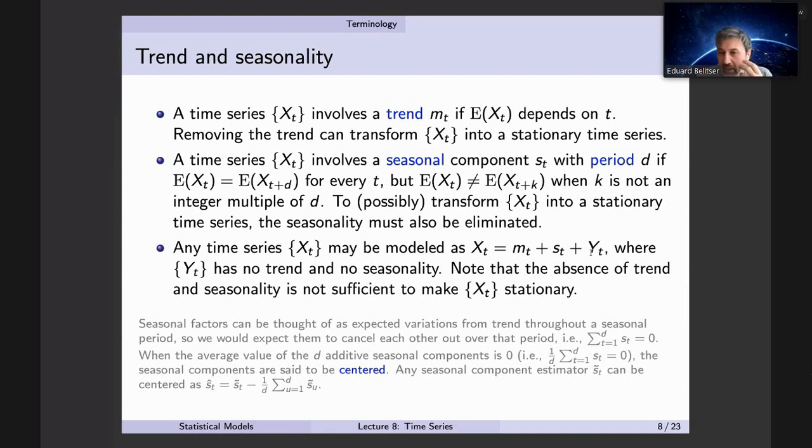Hopefully, if we subtract this trend and seasonal component, which influence a lot and make this time series non-stationary, because if the expectation changes with time, then of course it's not stationary. That's it, forget it. But maybe if you extract trend and seasonal component, maybe the rest is stationary.